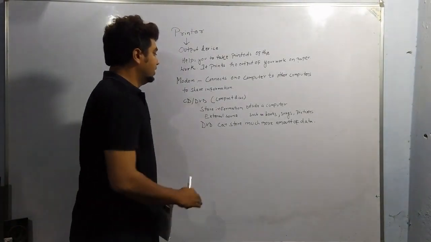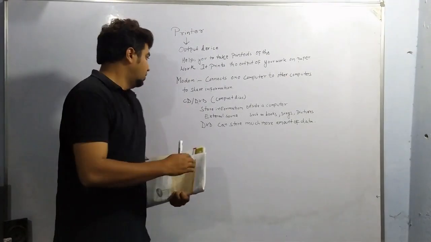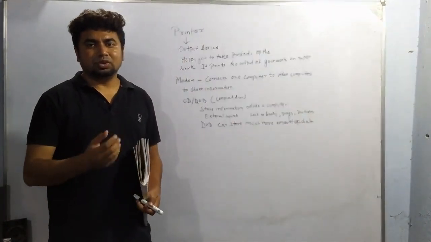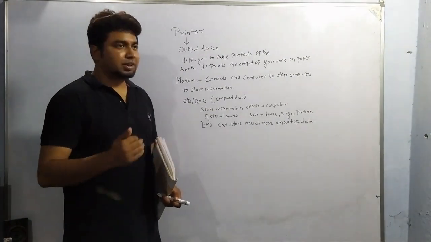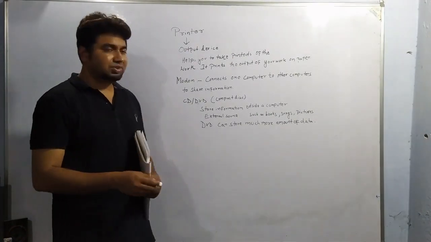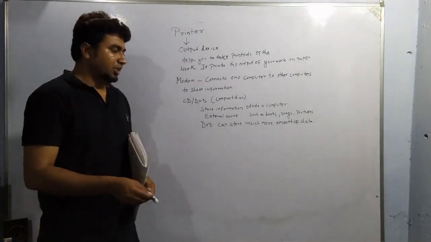CD and DVD. CD is compact disc. Compact disc is used to store information. It is an external device, which means it is outside the computer.